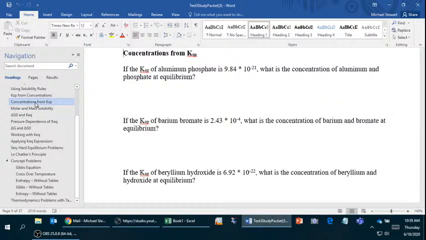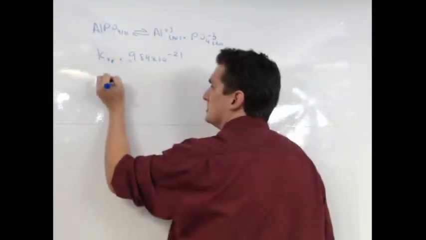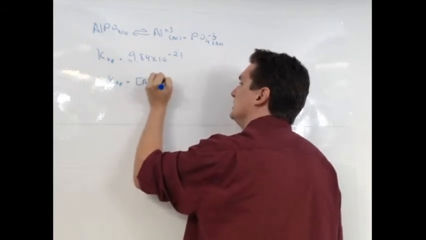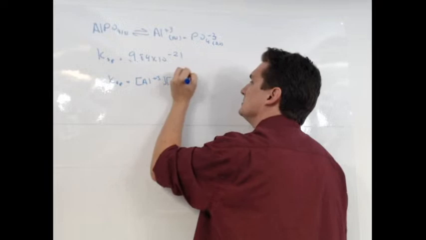We need K equals Q, and in this case we're given that the KSP equals 9.84 times 10 to the negative 21. So KSP here equals Q, and our expression for Q is the concentration of aluminum times the concentration of phosphate.